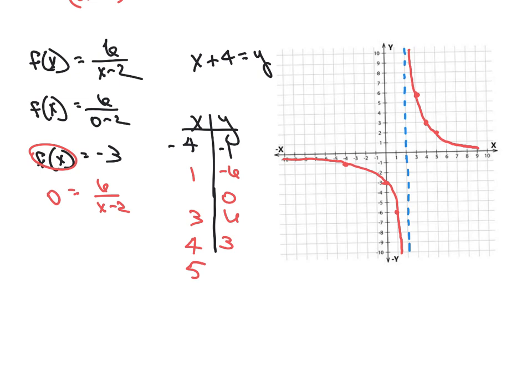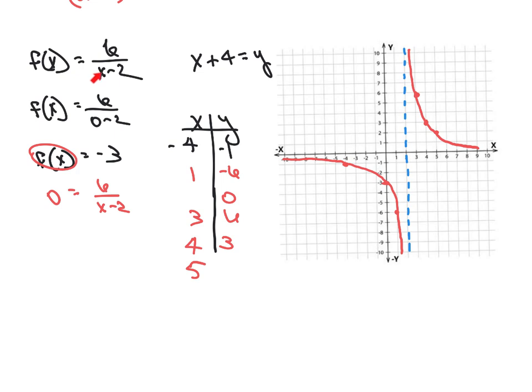So again, just real quickly, we don't go into a lot of detail on this: get the equation, find out what happens if you put 0 in for x and 0 in for y, and it will tell you if you cross the x and the y axis and where. And then also find out if there is a variable in the denominator. Find out what's going to make that undefined.